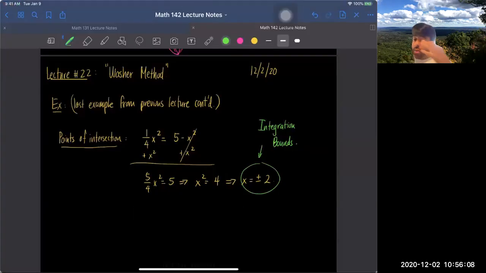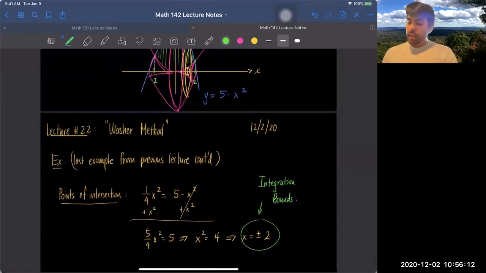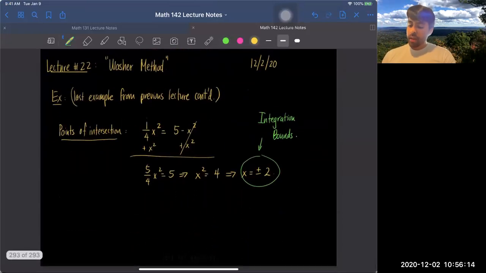So now the question is, how do I represent this disk? I'm going to draw this disk, or I should call it a washer. Look at one washer. What does one washer look like? It looks like this, right?